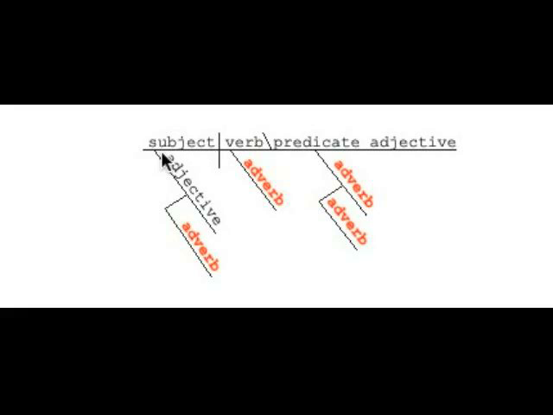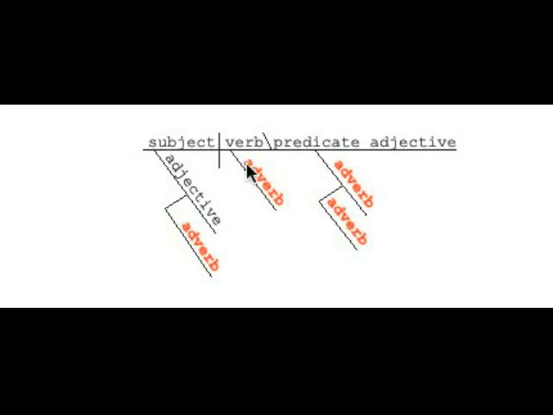The subject of your sentence goes over here, the verb goes over here, and in this particular sentence we have a predicate adjective that I've written in there for you. That only happens when you have a linking verb, but you don't need to know all that right now. Basically, it's easy to see what adverbs do when you look at them in a sentence diagram. This adverb right here is modifying this verb. How do you know that?